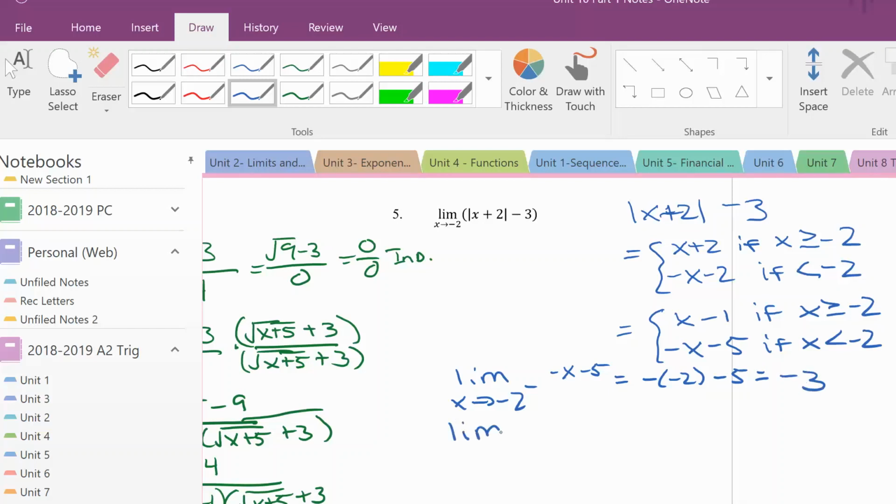The limit as x approaches negative 2 from the right is x minus 1.